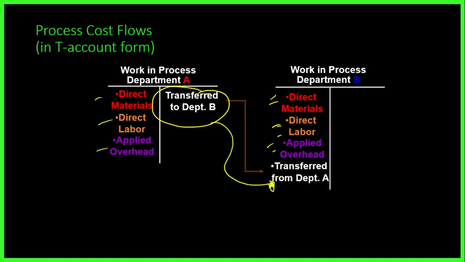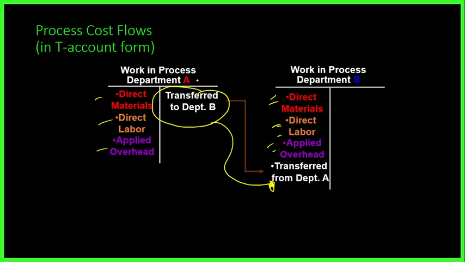Like for example, if we are working on a product, let's talk about furniture. If the furniture is in Department A, and Department A is layout, those are the processes of Department A, from layouting to cutting, up to assembly.